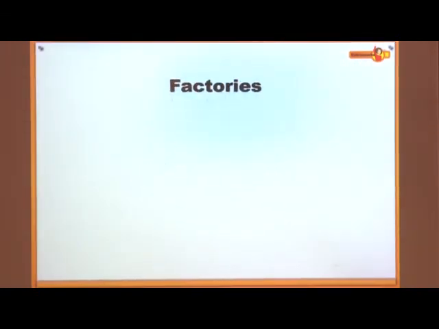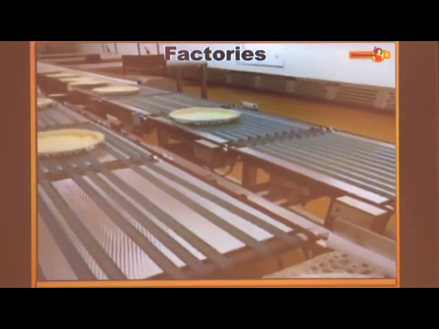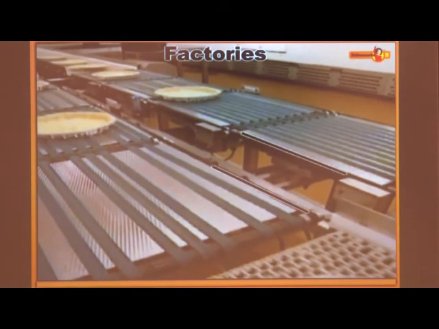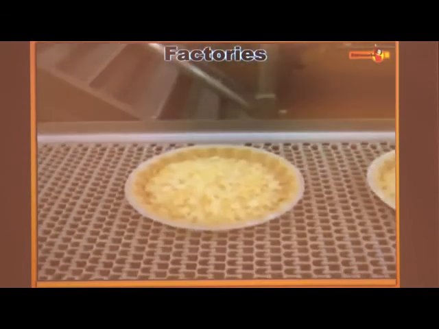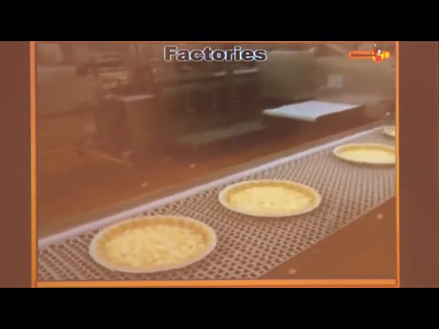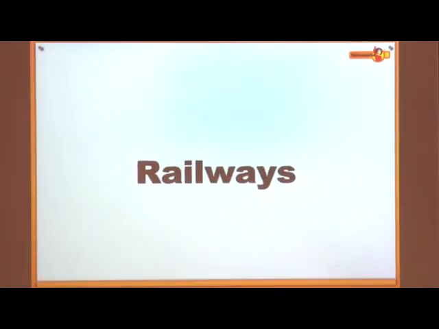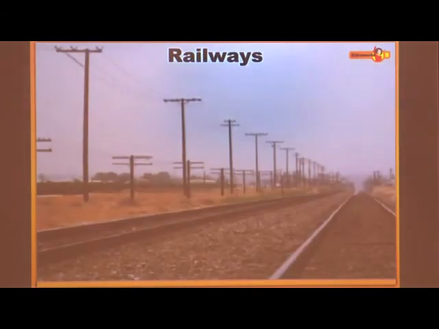Factories. Here, these plates are being transferred on two parallel platforms. Railways. Here, we can observe the railroad track that consists of two parallel rails.